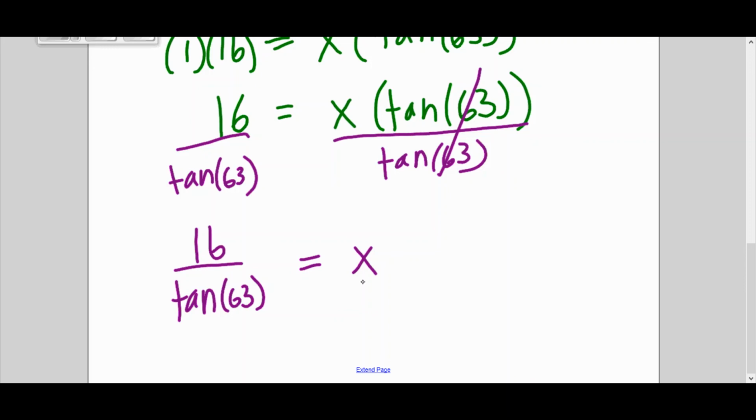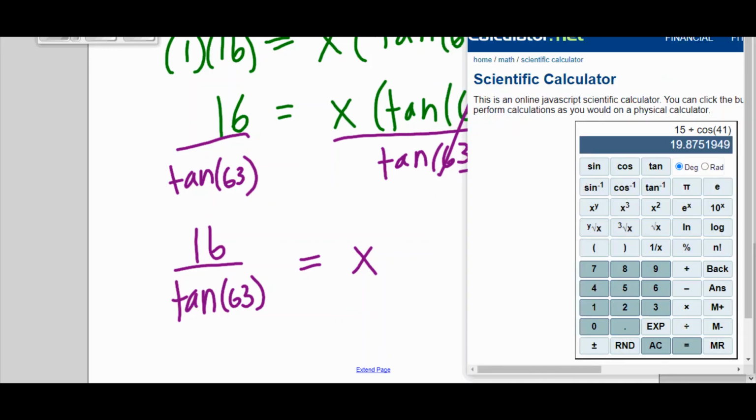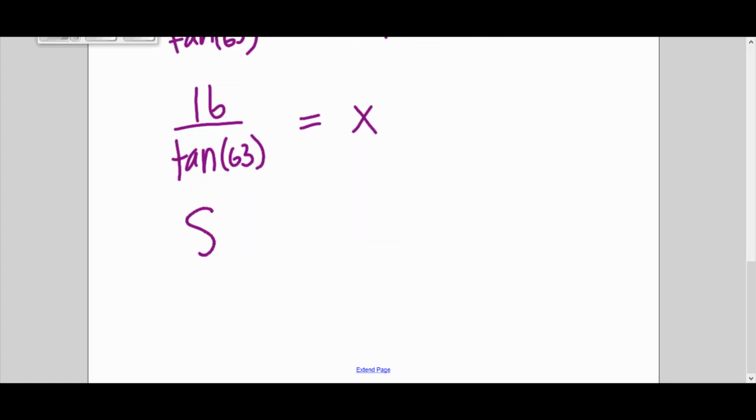So I'm going to open my calculator. I'm going to clear it. And now I'm going to do 16 divided by tangent 63. So I'm going to use the tangent, I want to write 63. And so this is 8.15 would be my answer here. So the length of x is 8.15.